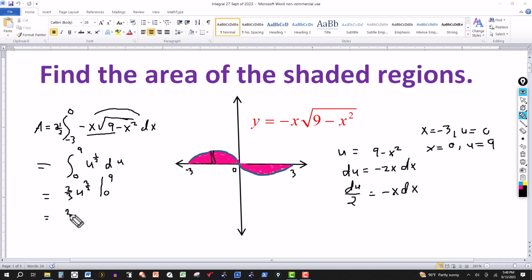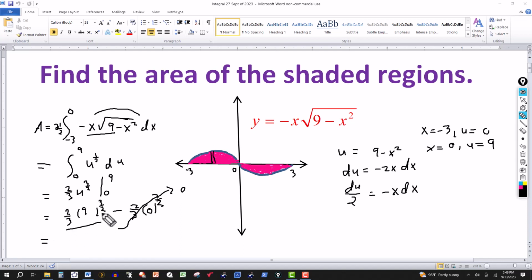It would be 2/3, replace u by 9, so this becomes 9 to the 3/2, minus 2/3, replace u by 0. That's 0 to the 3/2, which is 0. So we're left with computing this out.